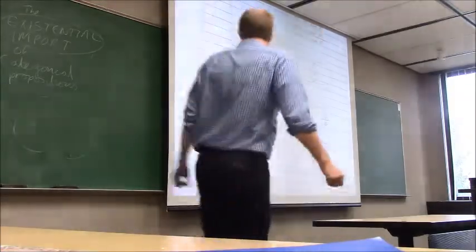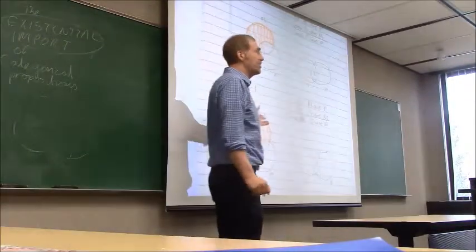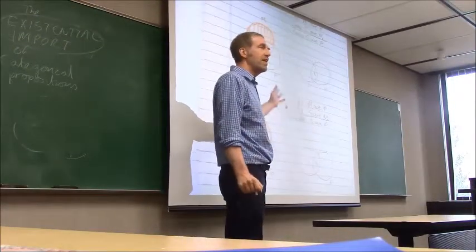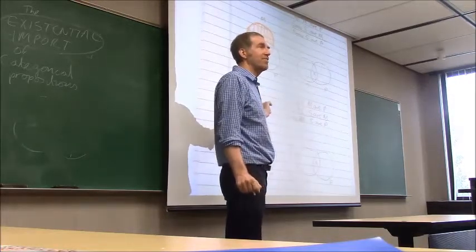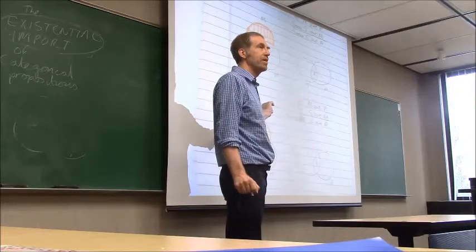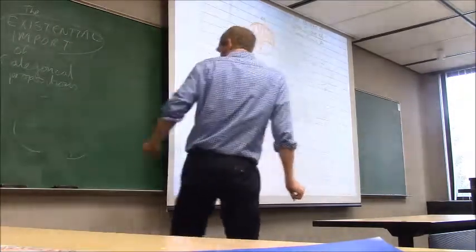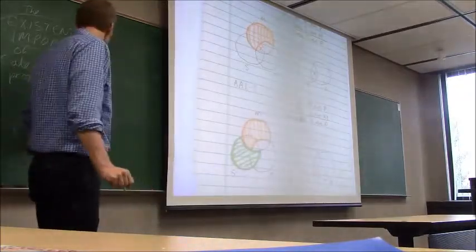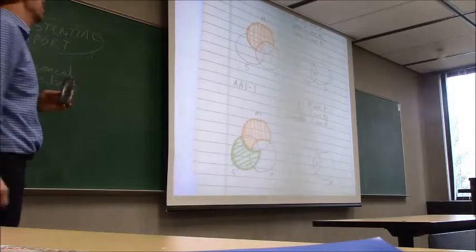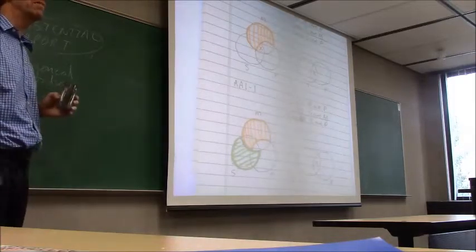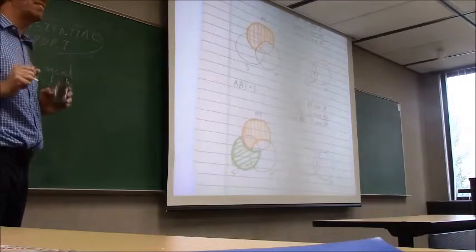If we say that universal categorical propositions have existential import, then what we're saying is, if they're true, that means something exists. Now, the assumption in classical logic is essentially that universal categorical propositions do have existential import. That means if it's true that all S are P, it means that there are S's.